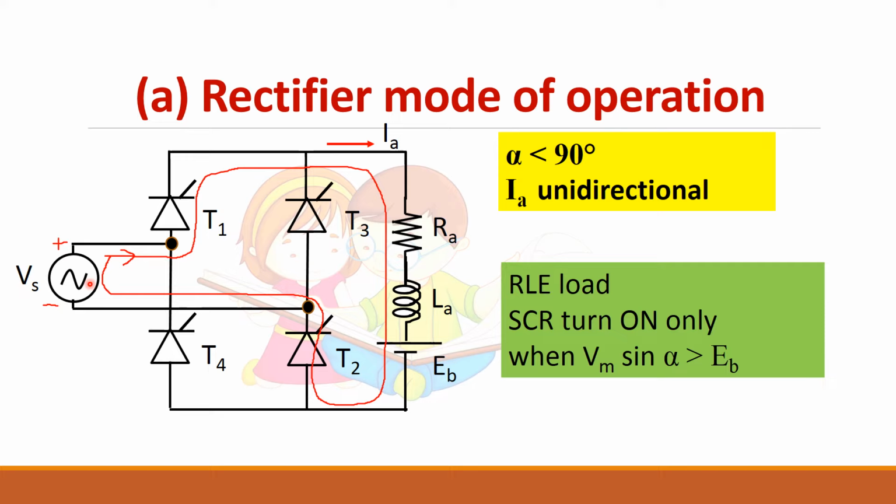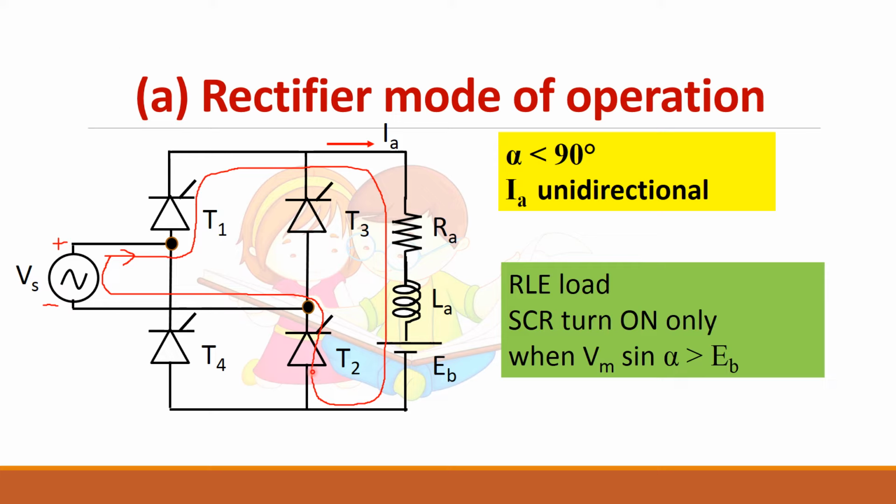So when the supply magnitude is greater than E, the device will be forward biased, and after that if you give a gate pulse, the device will turn on. In the case of RLE load or motor load, this condition should be satisfied. That is, Vm sin alpha should be greater than the back EMF, so that the device will get turned on.